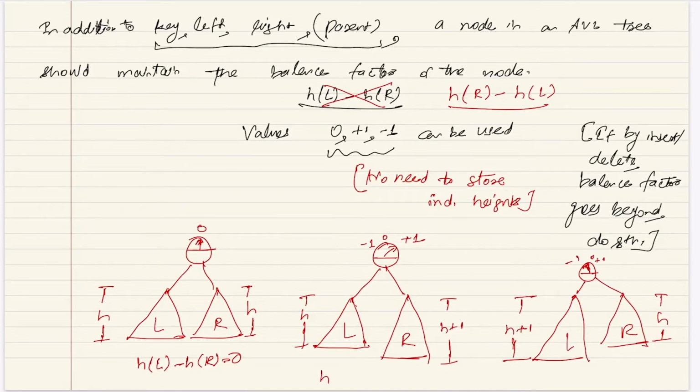So here I should say HR minus HL is 1, HR minus HL is 0, and here also I should say finally HR minus HL is -1. Okay, so these are the three cases. I have a node, two subtrees, depending on the height you have the balance factor.